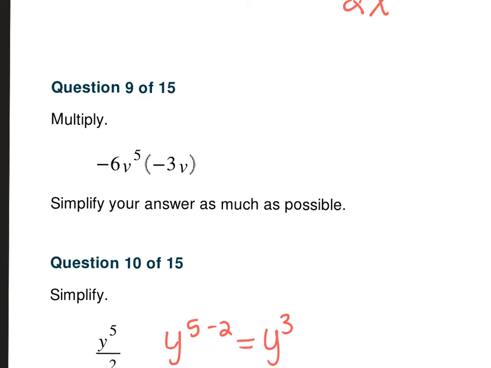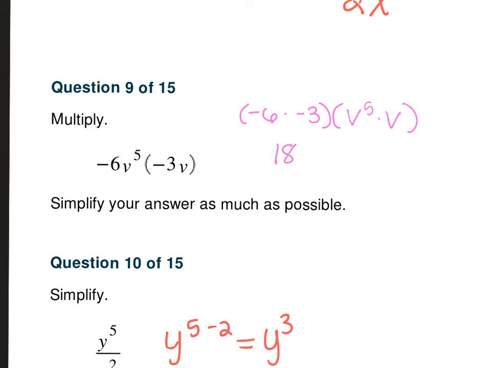Question number 9 asks us to multiply negative 6v to the 5th times negative 3v. When I have them like this, the first thing I'm going to do is just multiply my numbers, negative 6 times negative 3. Then I'll multiply my letters, v to the 5th times v. Negative 6 times negative 3 is just a positive 18.